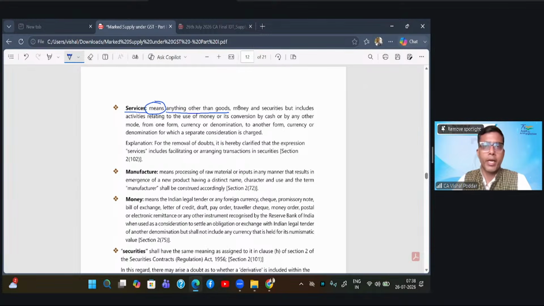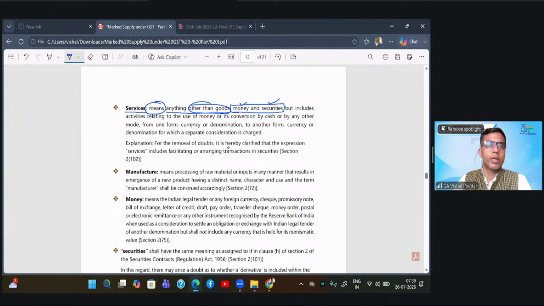But again, it has kept something outside. So again, other than money and securities. So importantly, if you observe, money and securities is outside goods, it is outside service. So effectively, it is outside GST. So broadly, it has first said other than goods, everything, but money and securities are still outside.